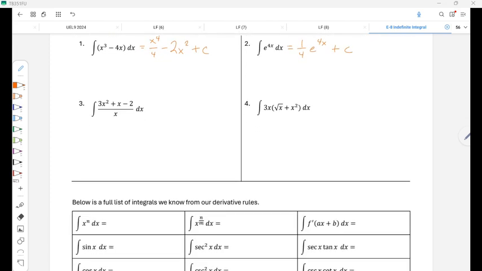All right. 3 and 4 are really just using rules of exponents. Number 3 is kind of like a preview of a problem that we'll do a more complicated version of in Unit F. But the rules of algebra allow you to break this up into 3 separate fractions, all with x as their denominators, and then you can just simplify. The full version, you probably don't need to write out in this many steps.